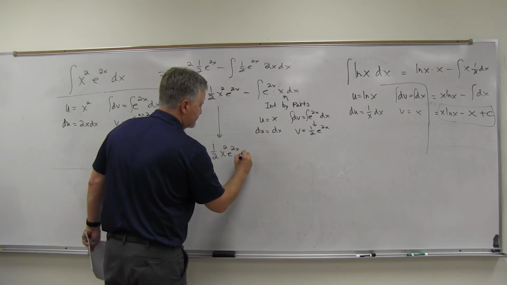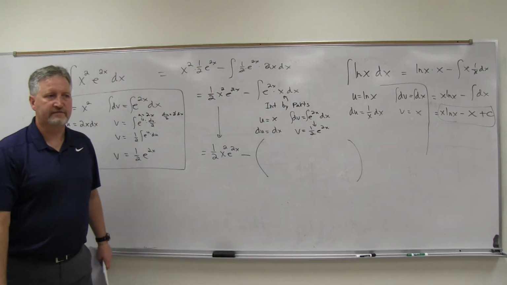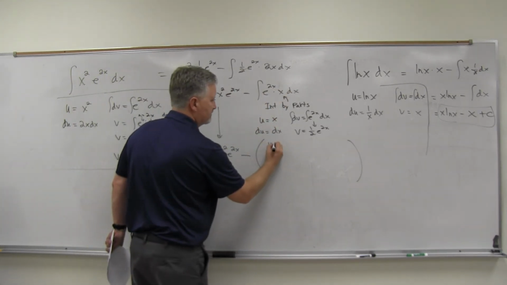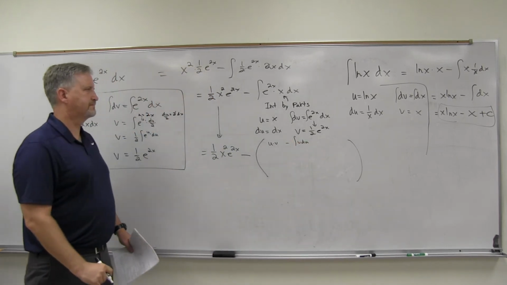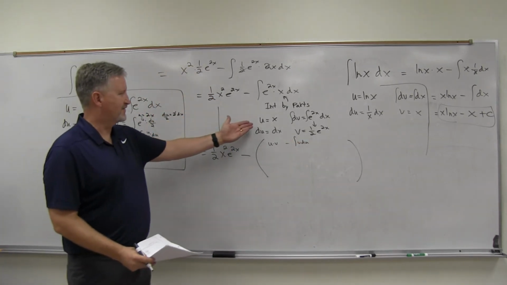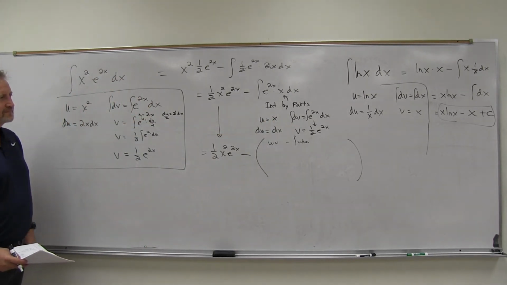So that one just comes down. And then the other thing is this is minus then this integration by parts, isn't it? Minus the u times v minus integral of v du. So I guess it's u3, isn't it? And v2. Anyway, it's not too hard to keep straight, I don't think so.